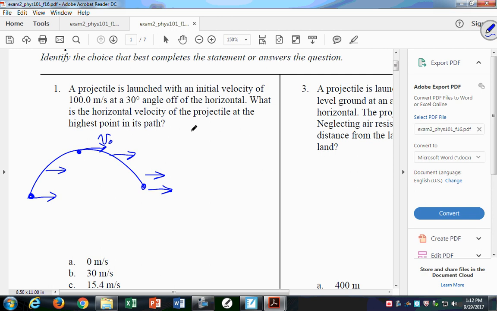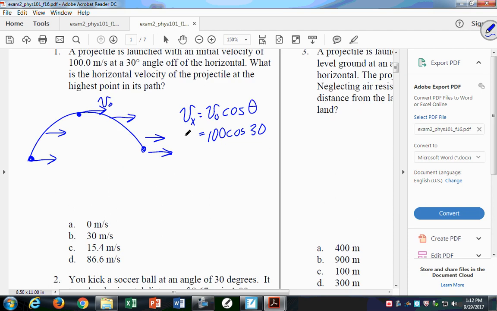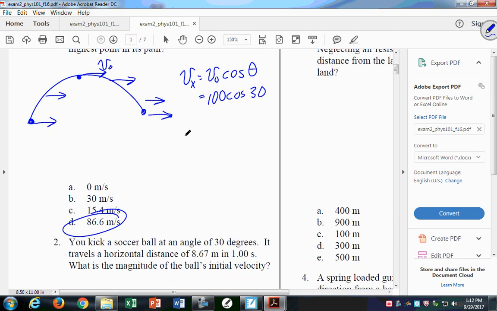And then you say, well, gosh, that's just the x component of the velocity. That's all he's asking. And Vx is equal to V0 cosine of the angle theta. So it's 100 cosine 30. So you can see questions like that, too, that are projectile motion, but they're sort of variations on what we've seen. And that would be 86.6.